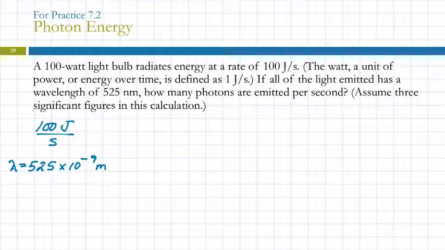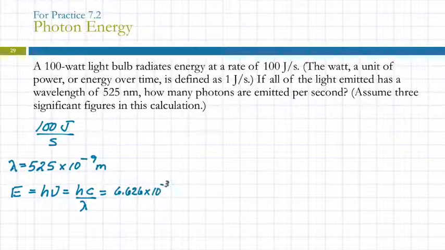Well, we can calculate the energy of one photon. The energy of one photon is going to be equal to Planck's constant times the frequency, or Planck's constant times the speed of light divided by the wavelength. 6.626 times 10 to the minus 34 joules times seconds.